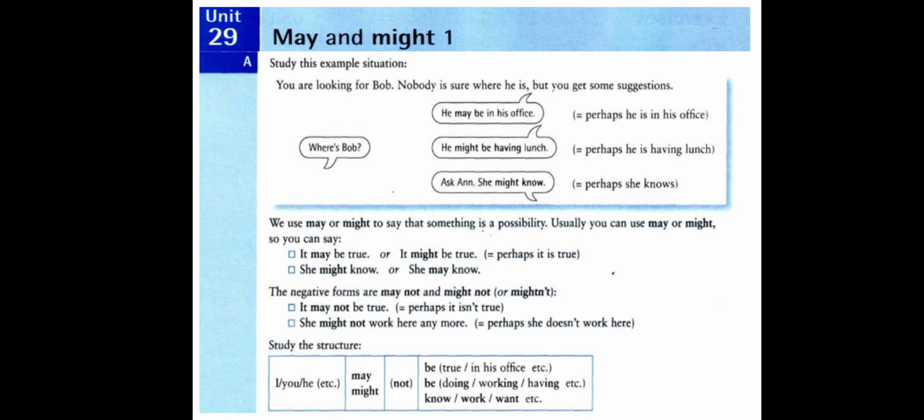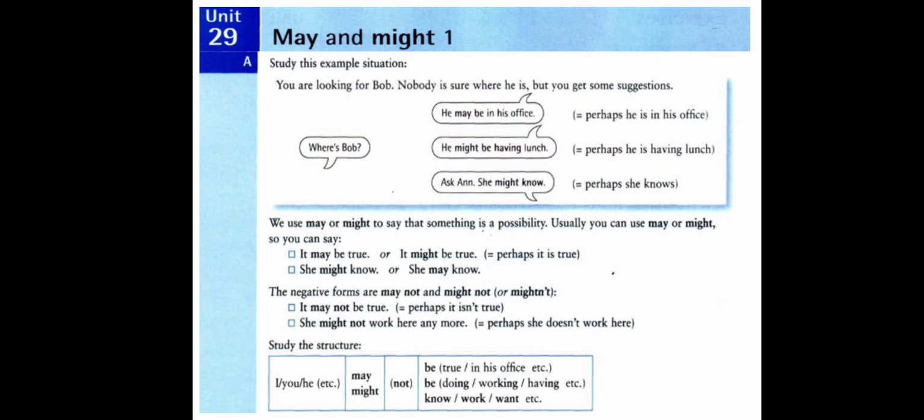Another person may say he might be having lunch. If we are sure that he is having lunch, then we say he is having lunch. And to express possibility, we use may or might. Then we say he might or may, and is is changed into its base form, then it becomes be.